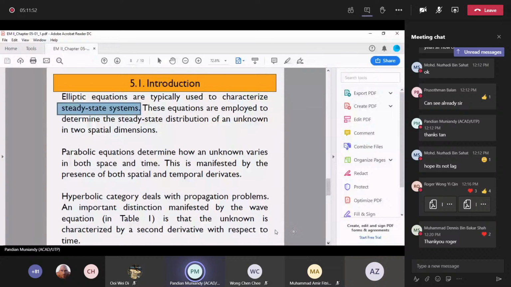Now the hyperbolic category deals with propagation problems. This propagation problem is very useful in engineering. An important distinction manifested by the wave equation, table 1, is that the unknown is characterized by a second derivative with respect to time. The unknown is y, characterized by a second derivative.